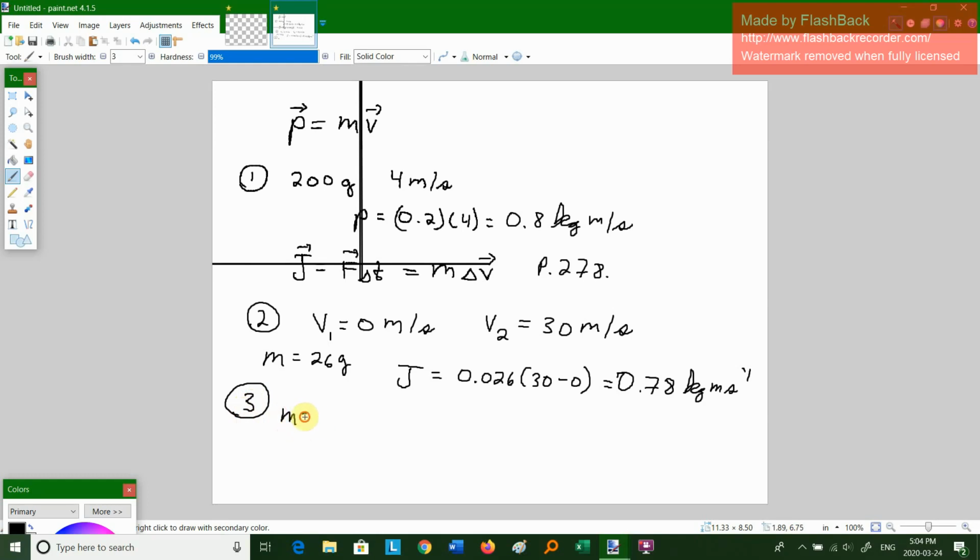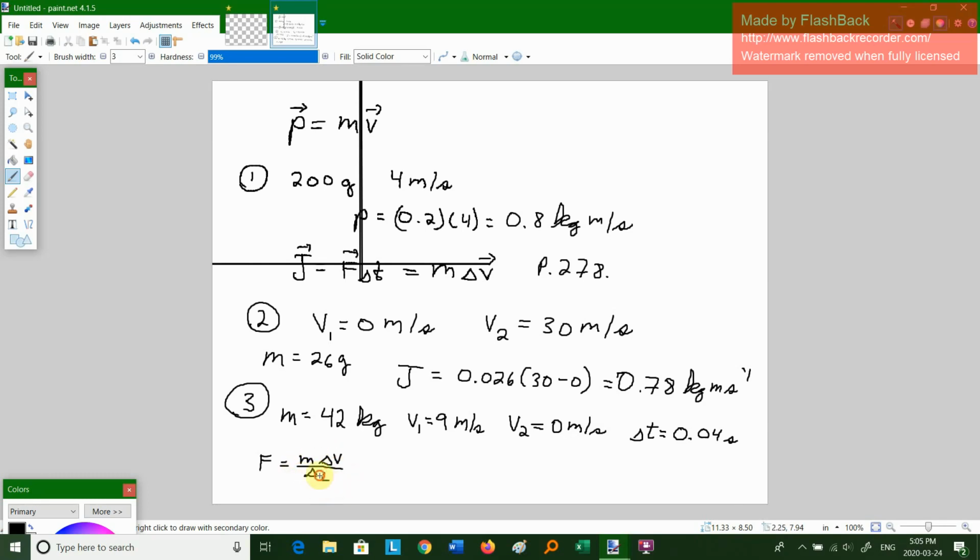The mass is 42 kilograms, and they're falling at 9 meters per second, and then they stop when they hit the ground, so the final speed is 0 meters per second. You want that because you want the impact force. Let's say it took 0.04 seconds.